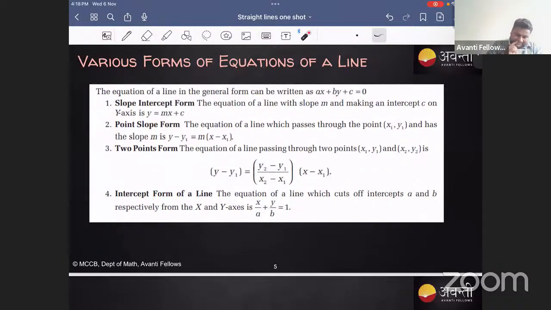Now, let's understand further. The equation of a line in general form can be written as ax plus by plus c equals 0.